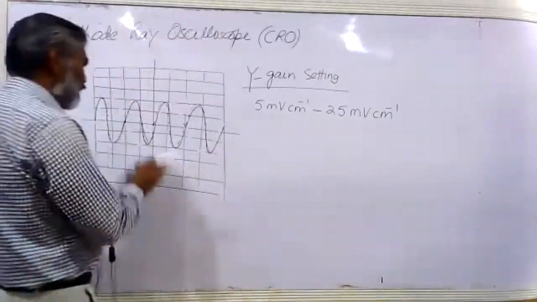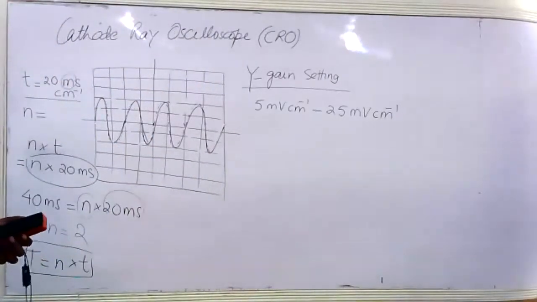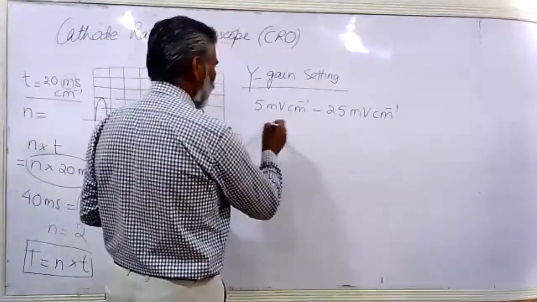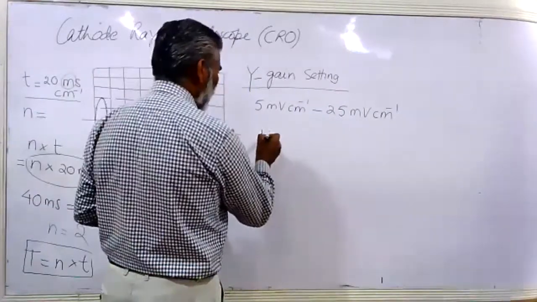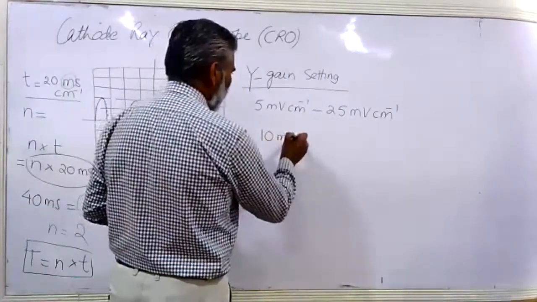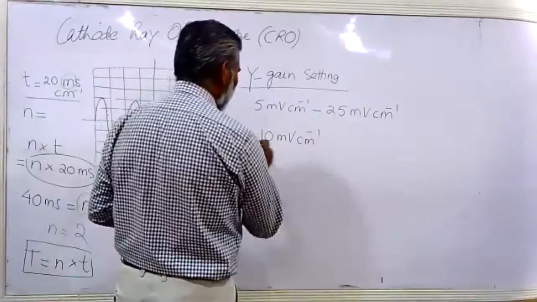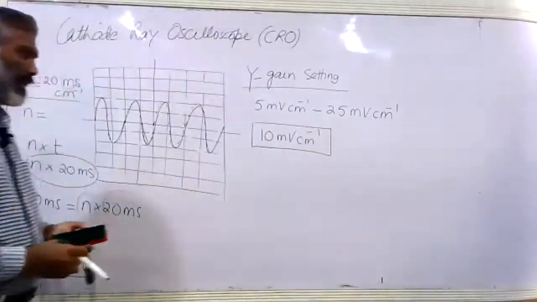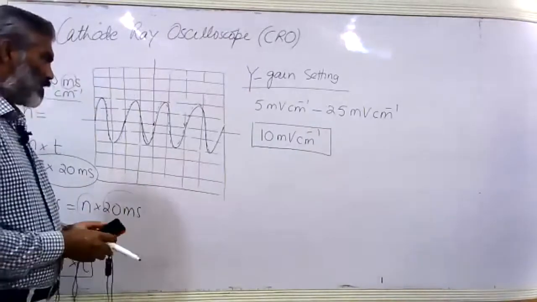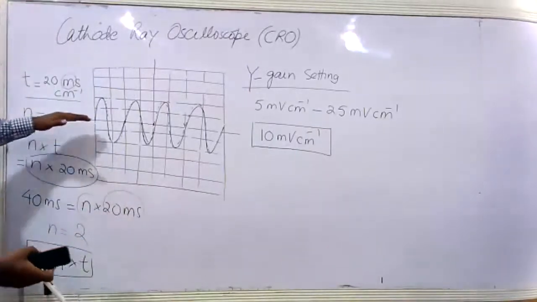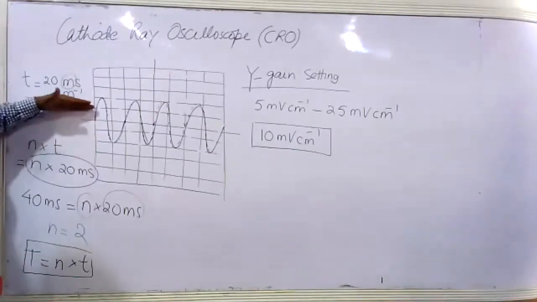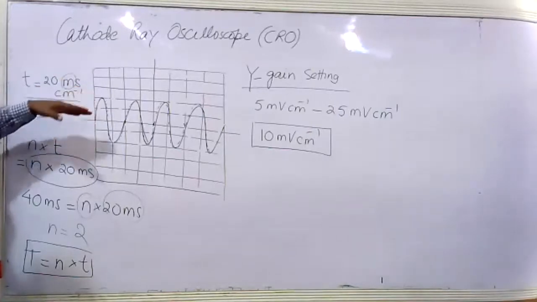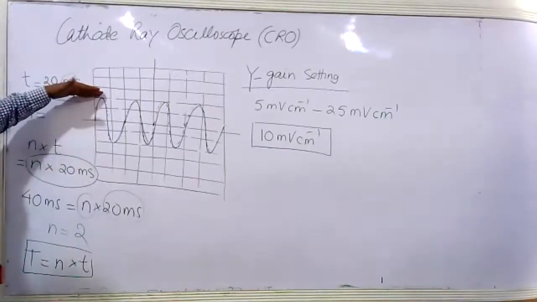Suppose this is the trace we are studying, and the selected value of the Y gain setting is 10 millivolt per centimeter. Suppose this is the selected value of the Y gain setting, might be given in the question. So now I can interpret the peak voltage.